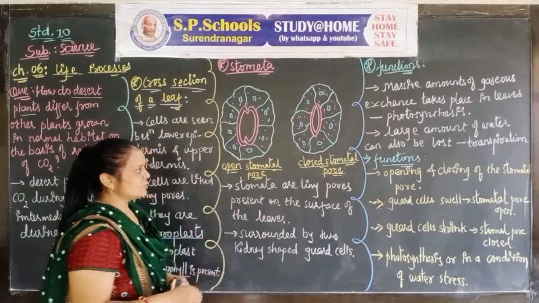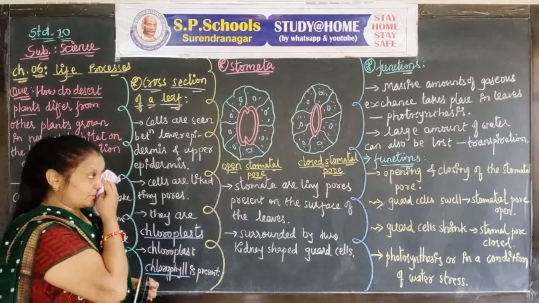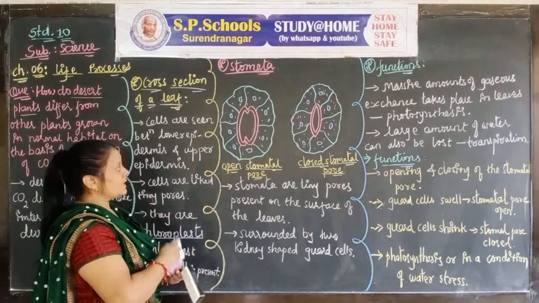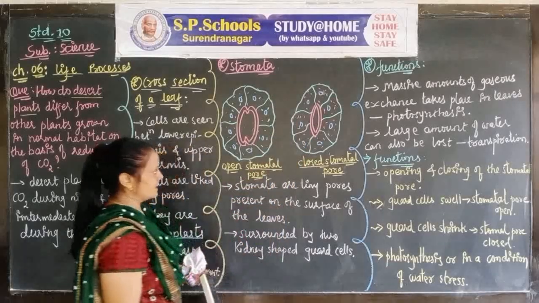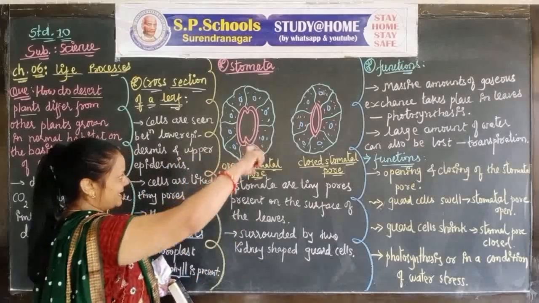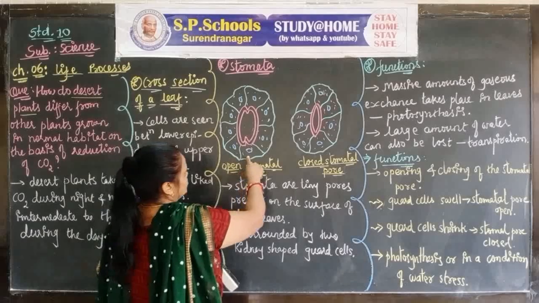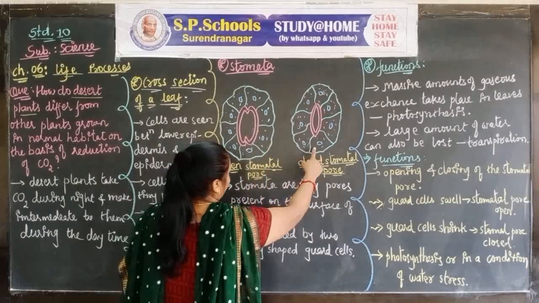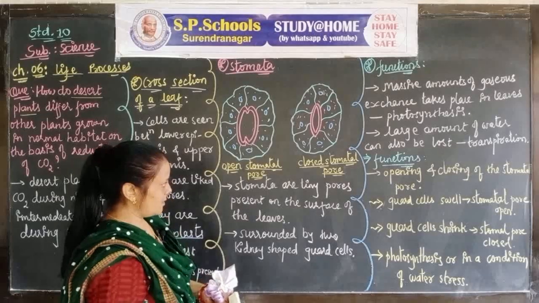When we draw the comparative figure, we draw both in one direction, not one here and the second somewhere else. This one is the open stomatal pore and this one is the closed stomatal pore.